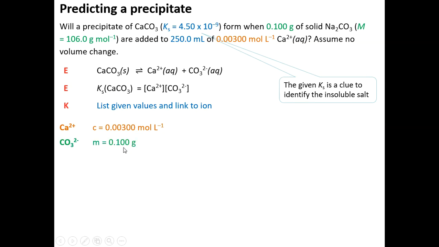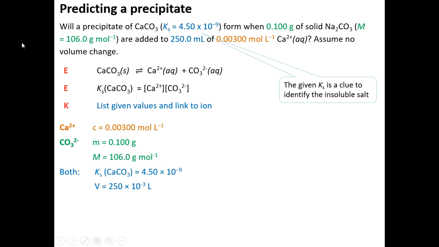However, my carbonate, I don't have a concentration. I've got a mass, I've got a molar mass, so you should hopefully be thinking of n equals c times V, n equals small m over big M, but I am also given a volume and the Ks, which would apply to both of these. So I've got a volume of 250 where my sodium carbonate goes in and my calcium.